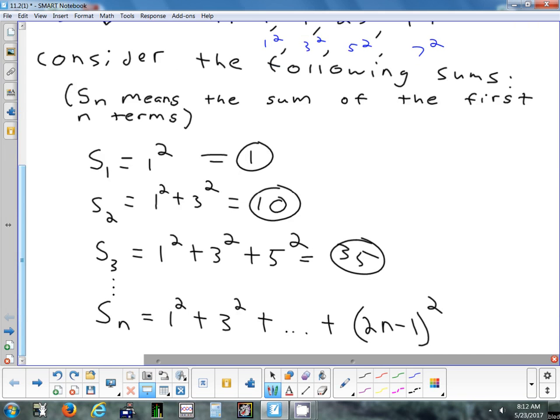And then if you wanted to write down the sum of the first n terms, well, it would be the first term plus the second term plus the third term plus the fourth term, all the way up to the nth term. And that's the formula for the nth term.